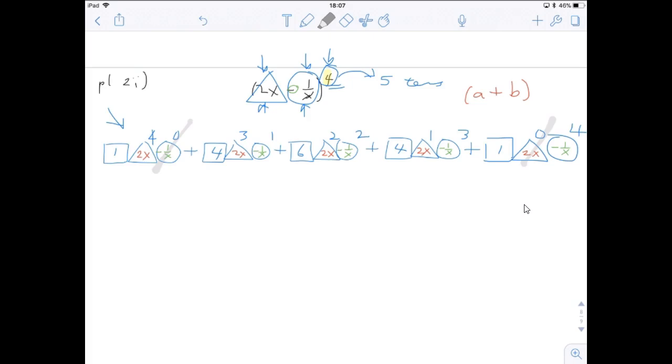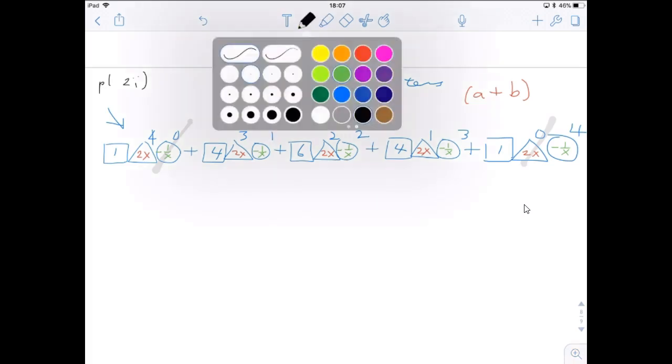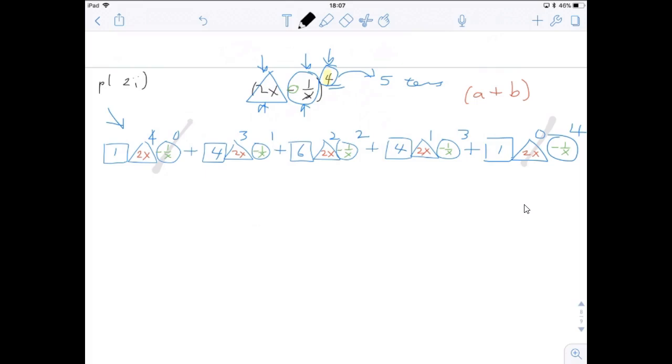Now I'm going to recopy everything, and I'm going to put it in parentheses instead of in shapes, just to remind you that each one of these shapes means that you can put parentheses around it so that we can make the multiplication clearer. So the first one is going to be 1 times 2x to the 4th. The second one is going to be 4 times 2x cubed times -1/x to the 1st.